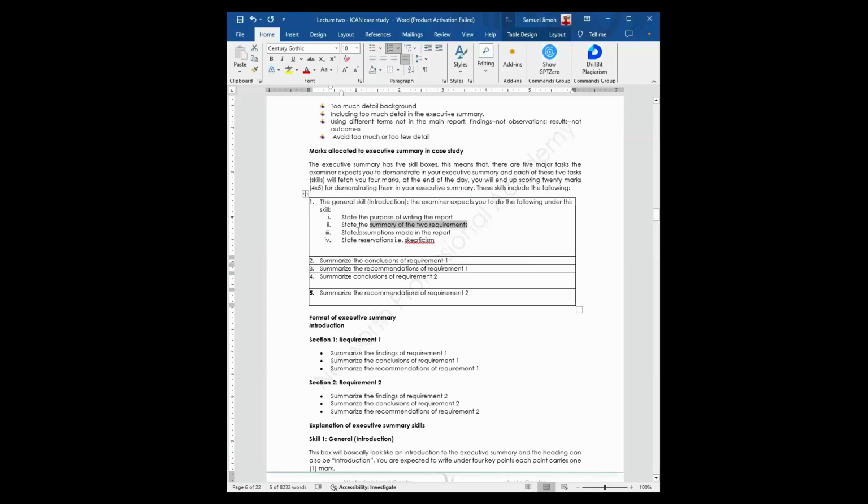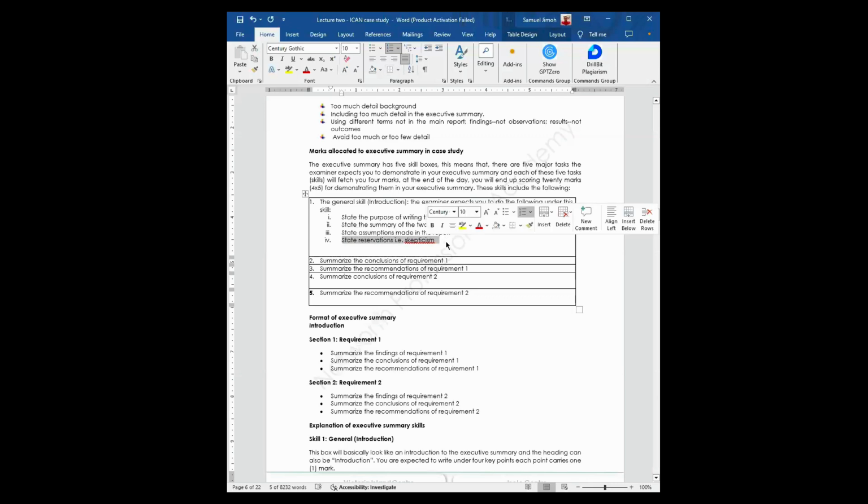Then the next thing is that you have to state assumptions that you have made in the report, right? So possibly while doing some computations, you may have assumed, let's say you were not given cost of capital, and you assume, say, 15% cost of capital. It should be stated under this introduction. Then you should state reservations or skepticism.